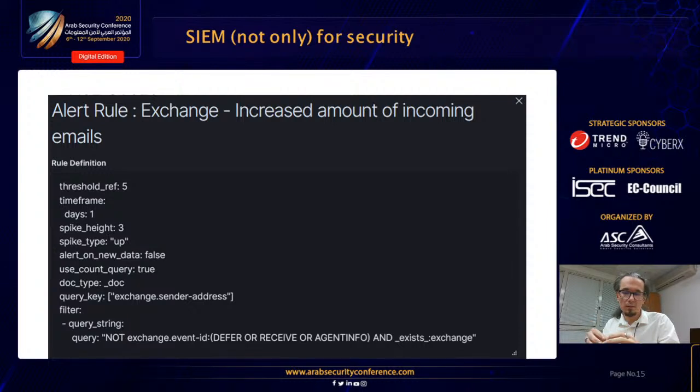sender has sent a large amount of emails, then this alert is triggered, and we are calculating the large amount by comparing the time frames. So we are comparing one time frame to the second time frame, and if the actual time frame right now is, like here, a spike three times bigger than the previous one, then this is a sudden spike that was unexpected.